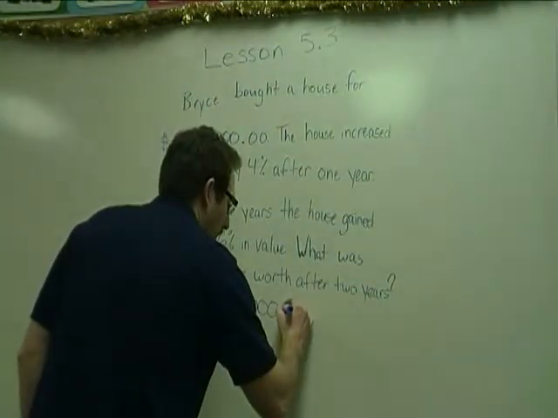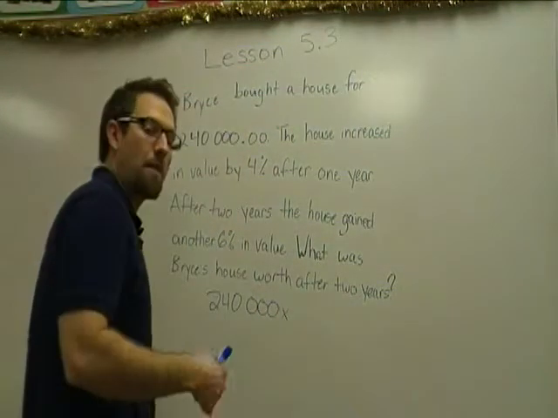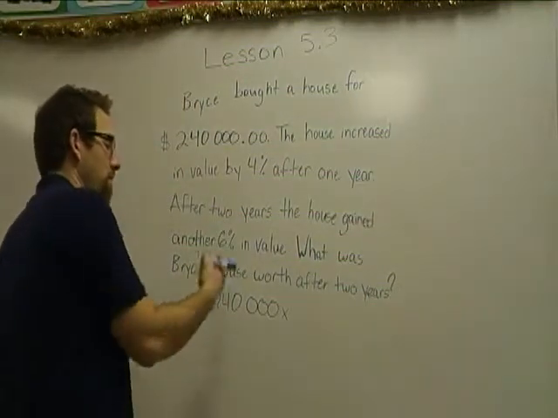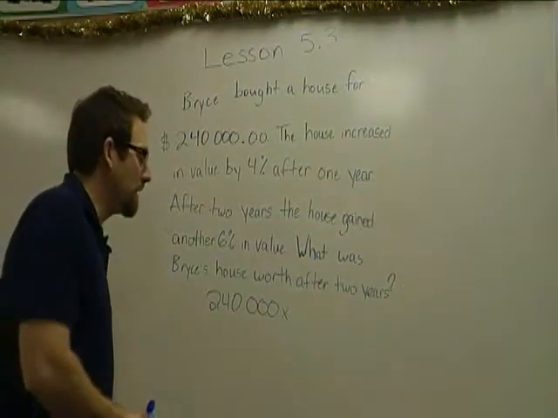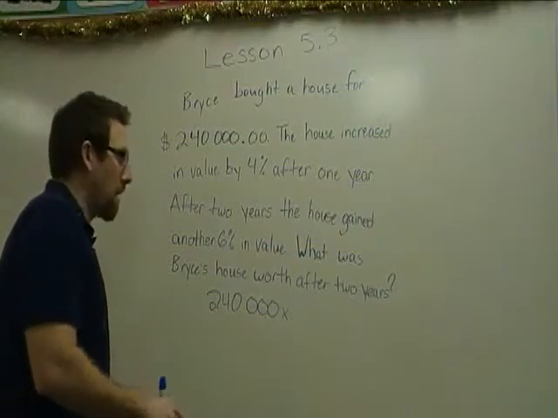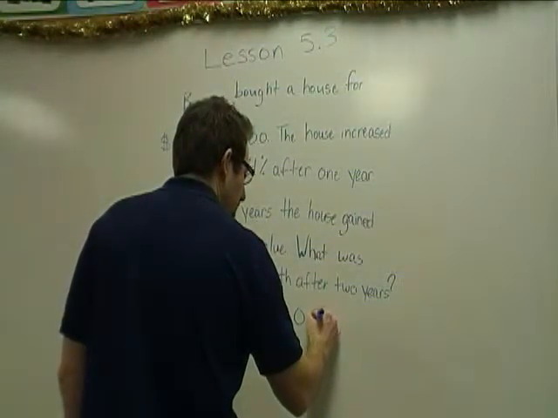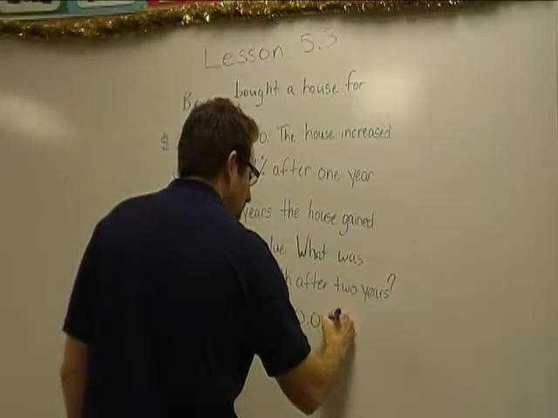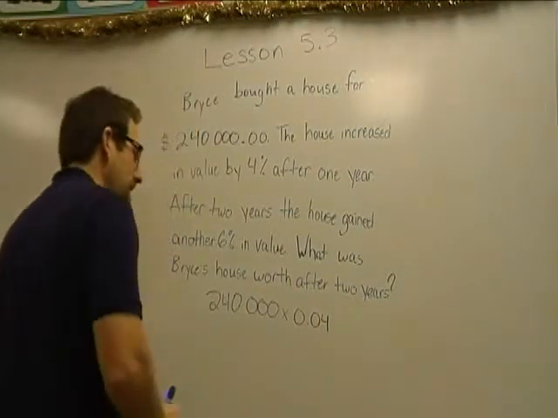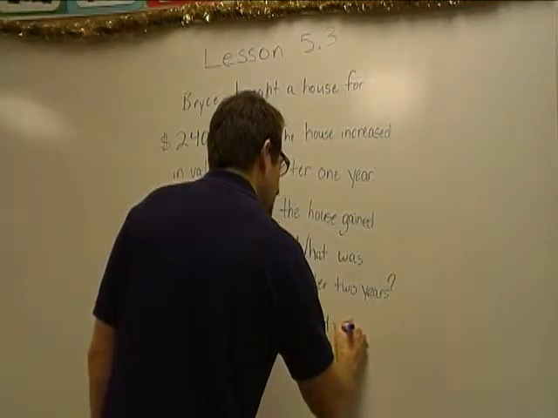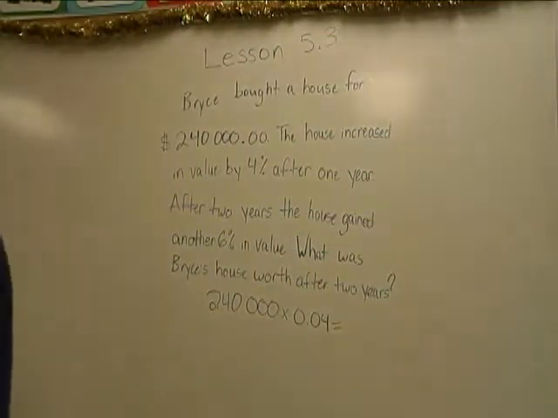So we're going to multiply by 4%, but remember we can't multiply by a percent, so we have to convert the 4% into a decimal. We do that by dividing by 100, times 0.04. Okay? And that's going to give us our increase in value.